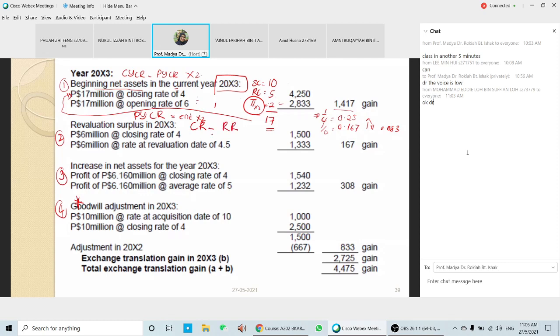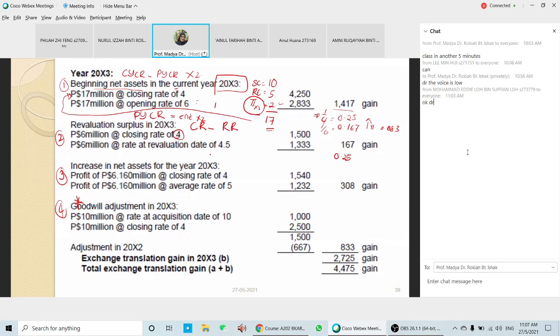Closing rate is 4, so 4 here is 0.25. And then the revaluation rate. How much do you have for the revaluation rate?